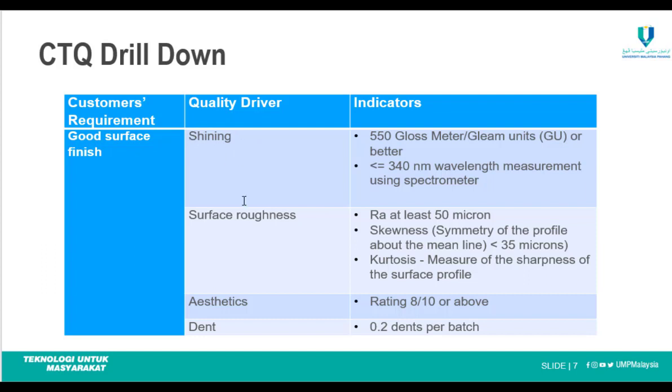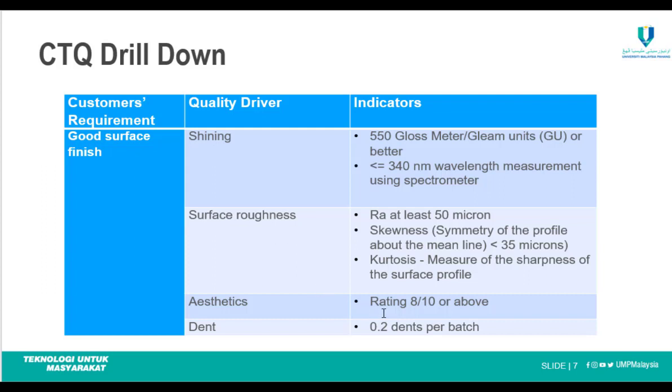Then in terms of surface roughness, the surface roughness is at least 50 micron, for example. Then the skewness, or symmetry of the profile about the mean line, less than 35 micron. Then the kurtosis measures the sharpness of the surface profile. So these are some of the indicators that can be used to interpret the surface roughness into measurable indicators.